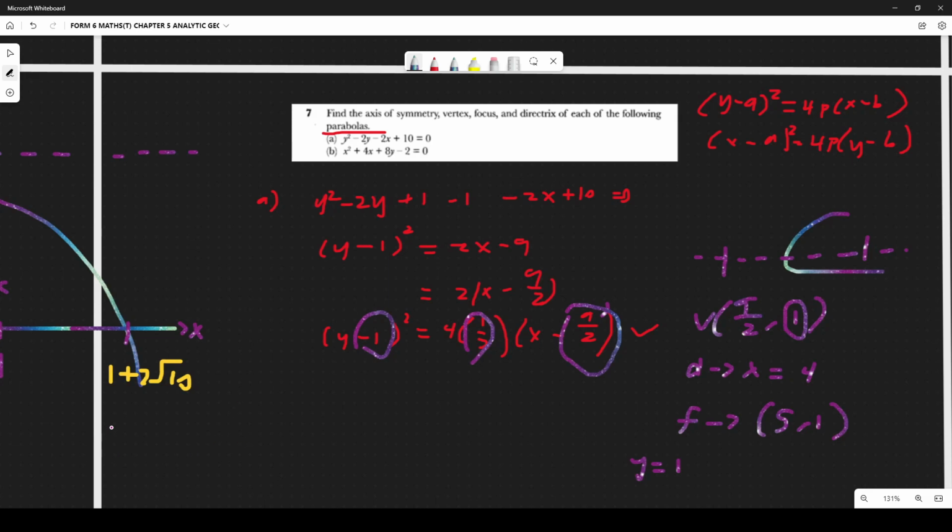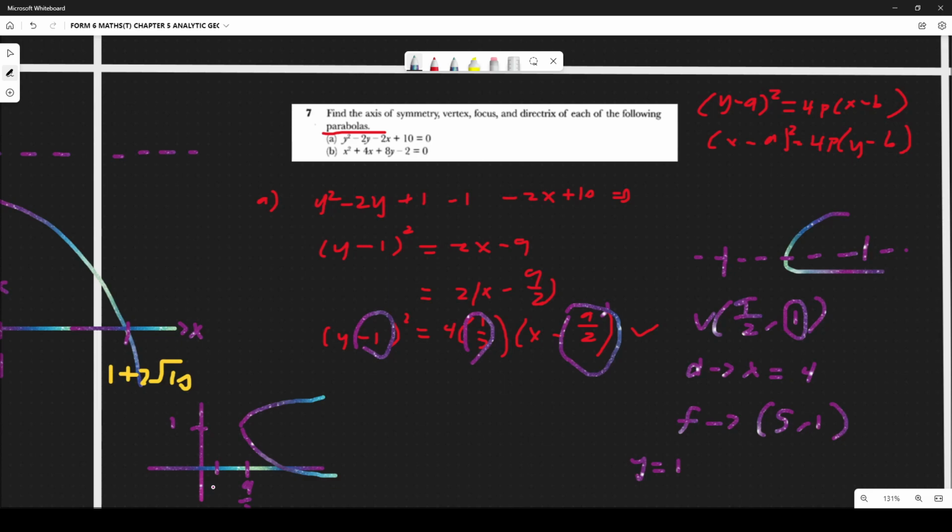So just for the heck of it, let's draw this. So it looks something like this. So we know it's 5 and 1, 9 over 2 and 1, right? So I know 9 over 2 should be like this. Can say this is 9 over 2. This is 1. Okay, so we know that the directrix is left.